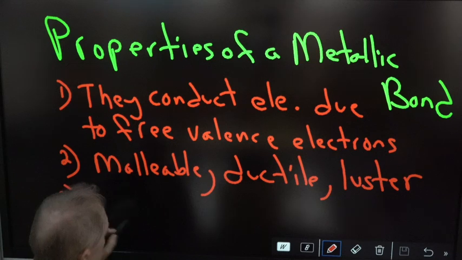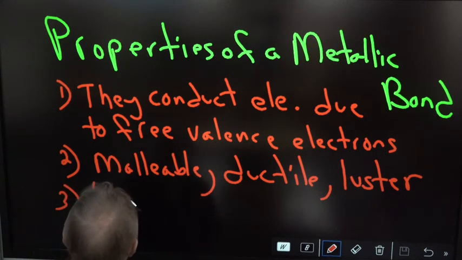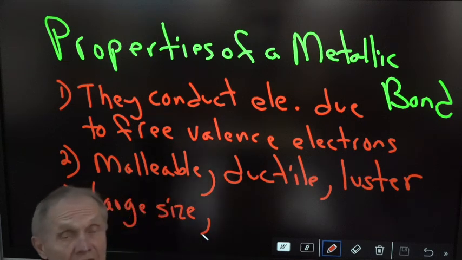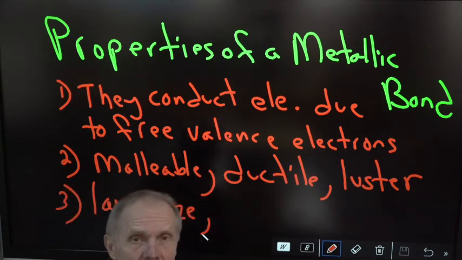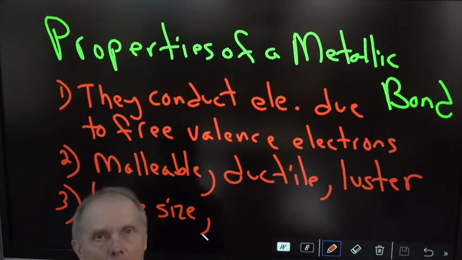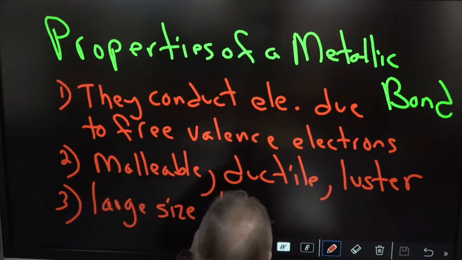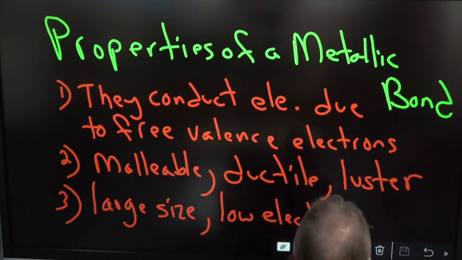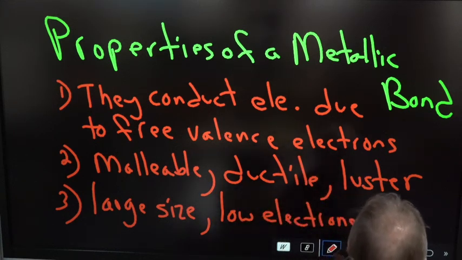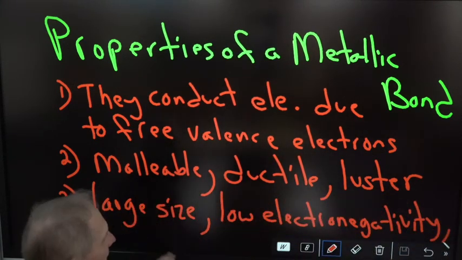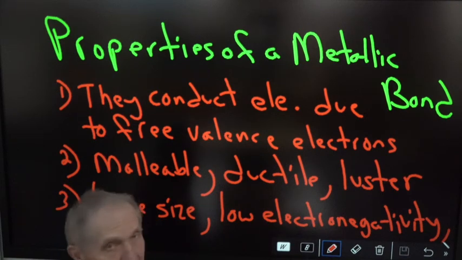So, large size, and if they're big atoms, that means they don't have very much ability to attract electrons, so that means low electronegativity. So, big size means they don't attract very well, low electronegativity.